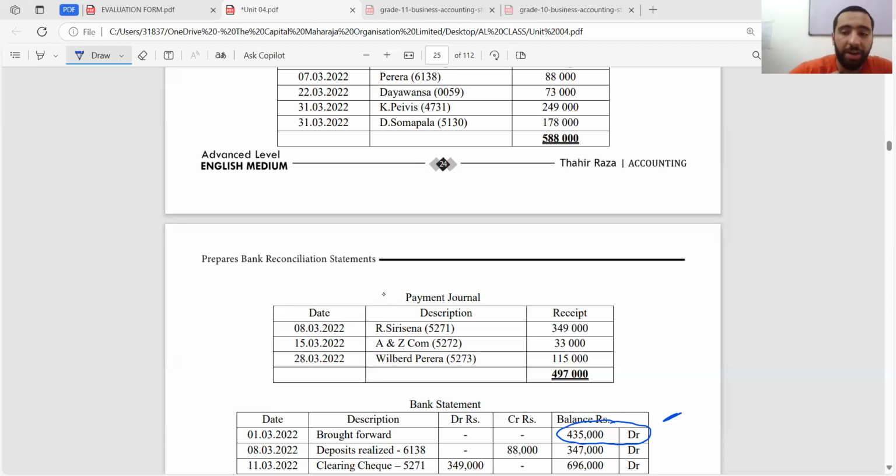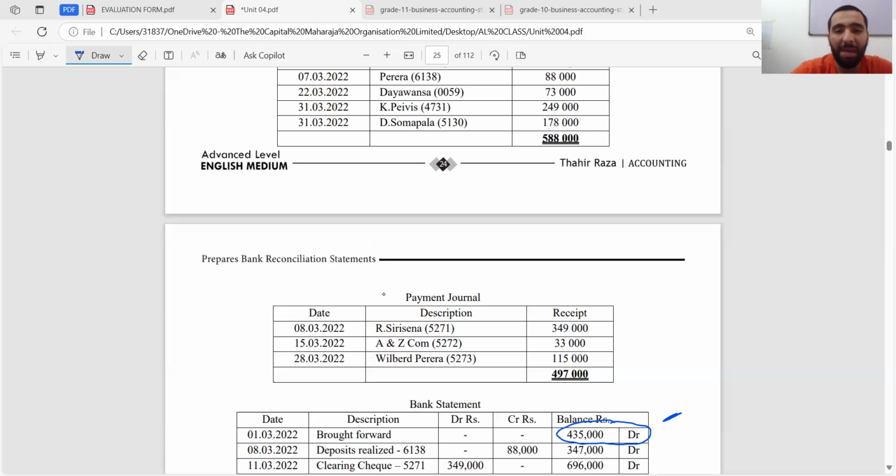I need answers. What are the items that are available in the bank statement and not in the receipt and payment journal or cash control account? Very simple. Okay, so let's move on.